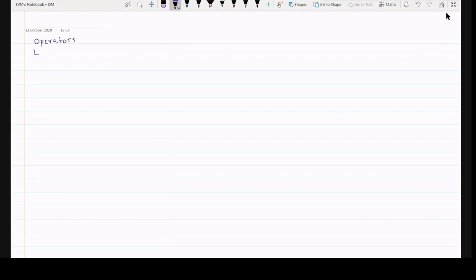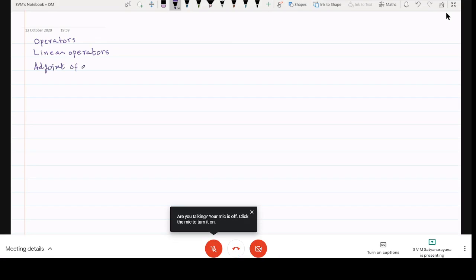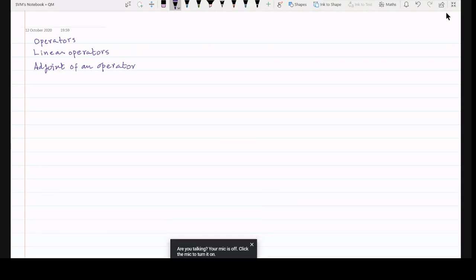Then we talked about linear operators, and then we defined adjoint of an operator. So we defined adjoint of an operator by using the definition of inner product.